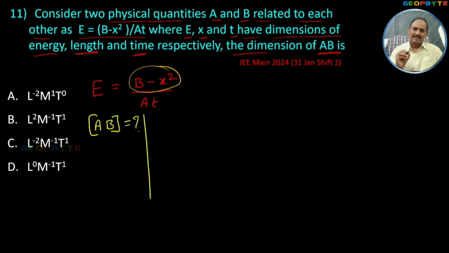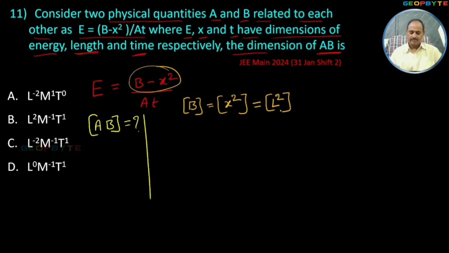X is the length. Therefore, the dimension of B is equal to the dimension of x squared, length L power 2. So the dimensional formula for B is L power 2.